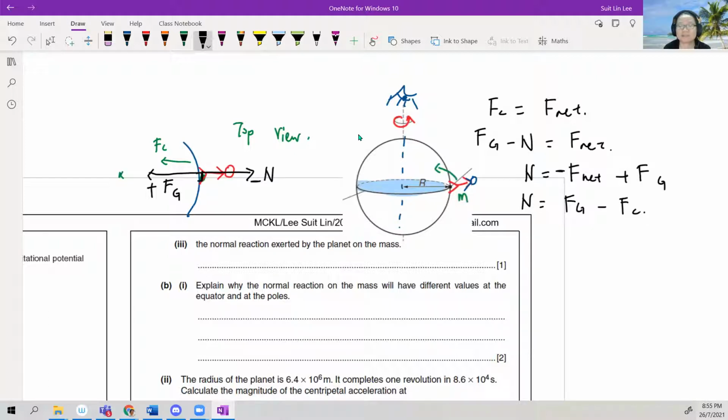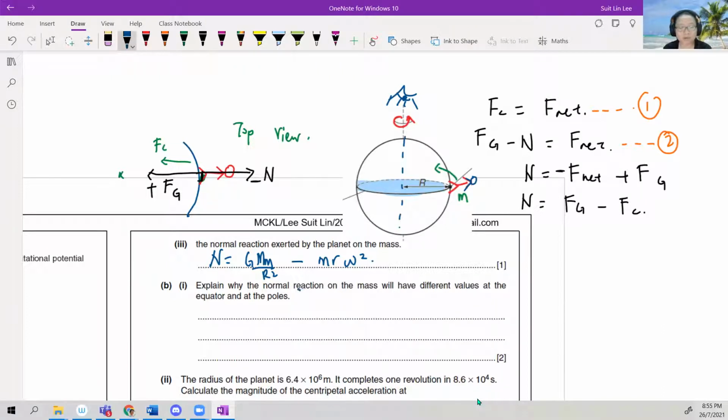Just remember: number one, centripetal force is net force; number two, net force is equal to gravitational force minus N. Don't leave your answer this way, you must put in the GMm inside. So this will be GMm over R squared minus m R omega squared.